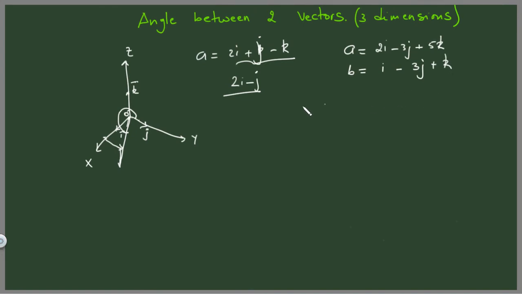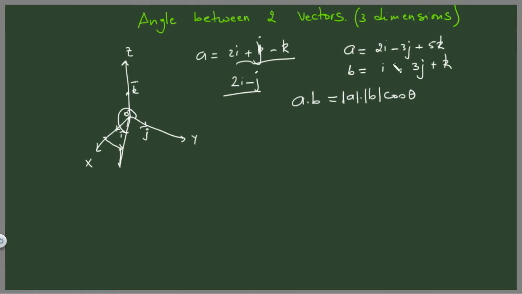As we've seen before, our general formula is that the dot product of a and b equals the product of the magnitudes of a and b, times the cosine of the angle between the vectors. The dot product is also called the scalar product.